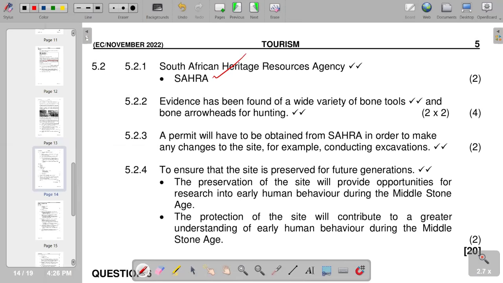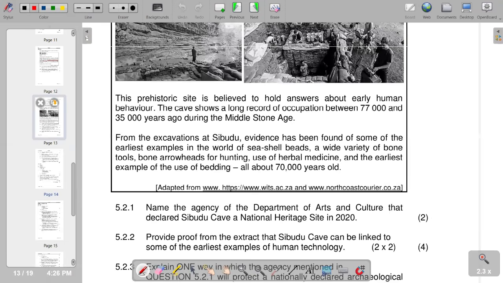And on the next question, provide proof from the extract that Sibudu Cave can be linked to some of the earliest examples of human technology. So if you refer back to the information as given, the evidence will be on the spot whereby it reads a wide variety of bone tools.